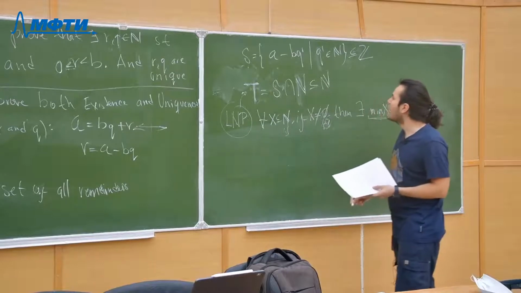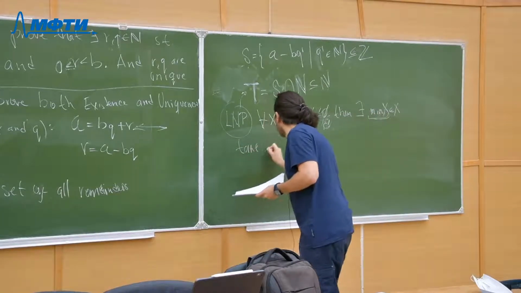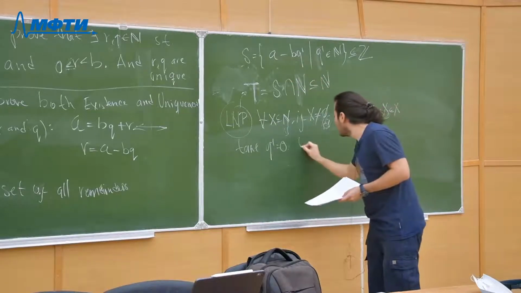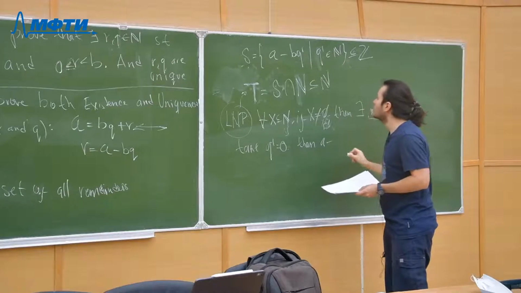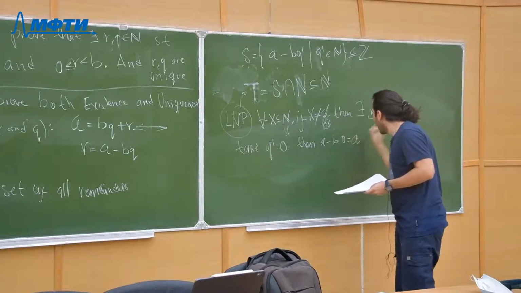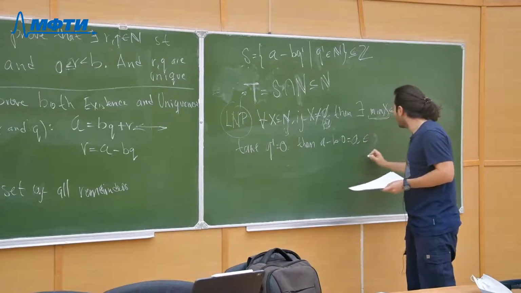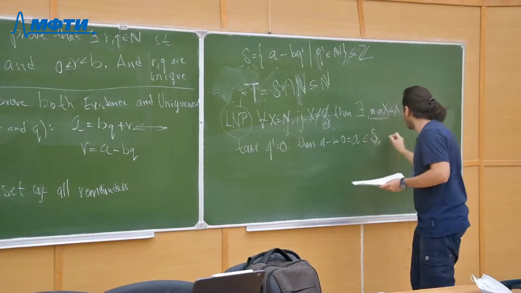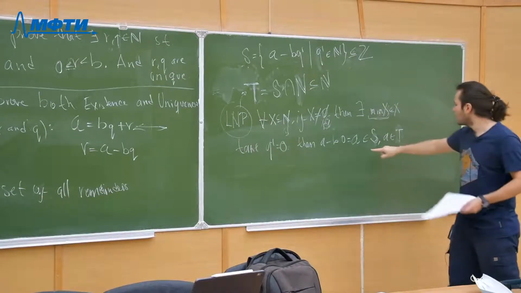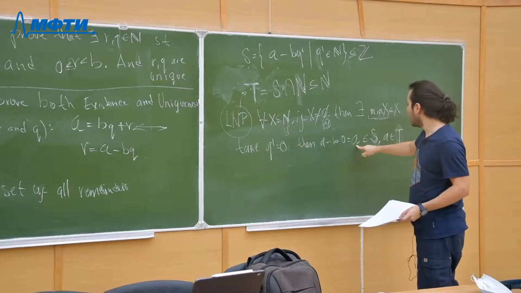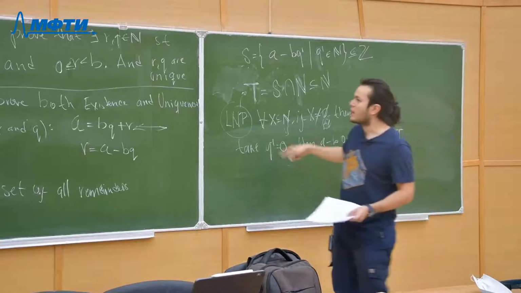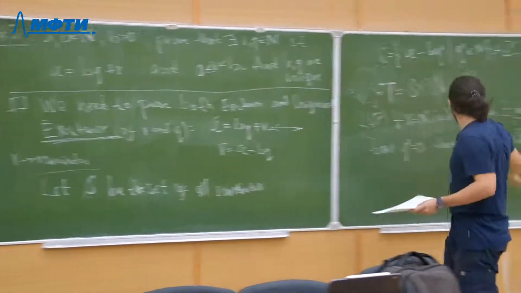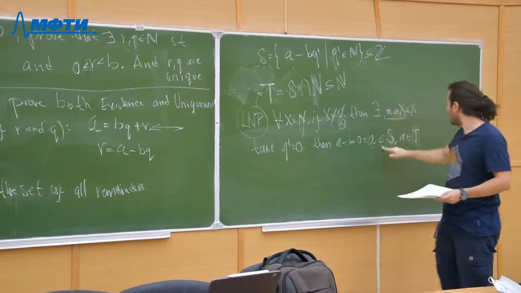And we can see that it is non-empty, because if we take Q prime equals 0, then we obtain A minus B times 0, which is A. So A belongs to S, and A belongs to T as well, because by the condition of the problem A is a natural number.